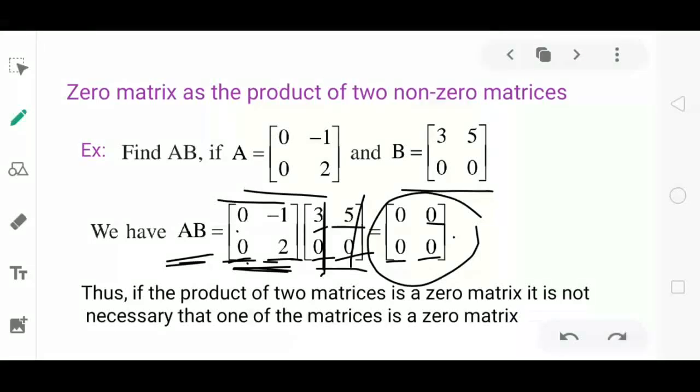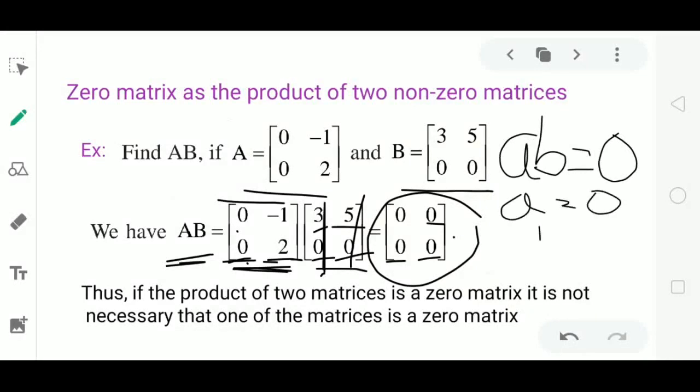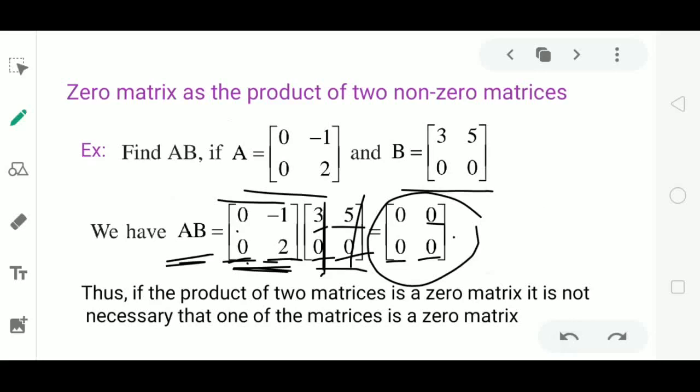We know that in case of multiplication of two numbers, if the product of two numbers A and B is 0, then either A is 0 or B is 0. That is, if the product of two numbers is 0, then either of the numbers is 0 or both of the numbers can be 0. But this is not the case in multiplication of matrices.